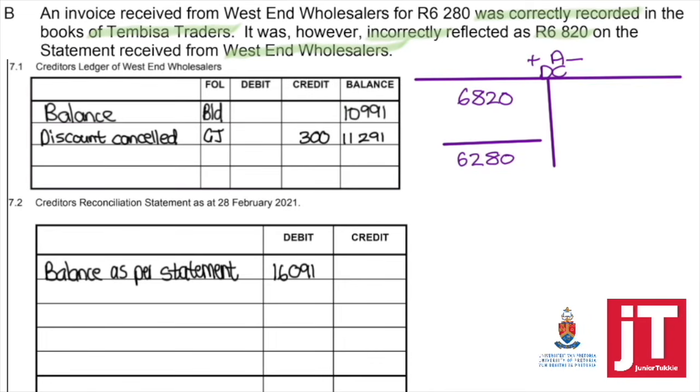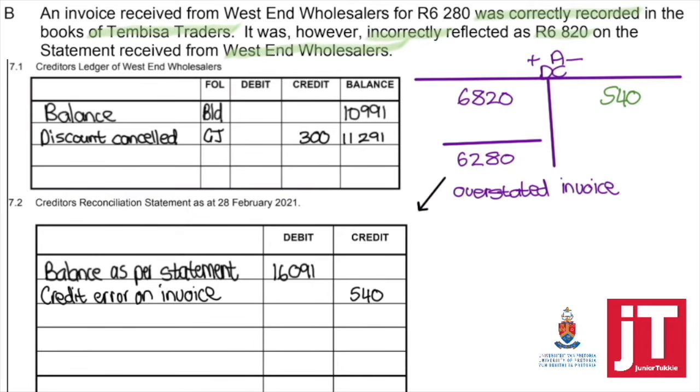It's supposed to be 6,280. So the difference, we've overstated it. So the difference will appear on the credit side with 540 that we owe them less. So they've overstated the debit side. If they overstate the debit side, it will have a negative effect on the balance. So in my creditors reconciliation, credit error on invoice, on the credit side, 540.